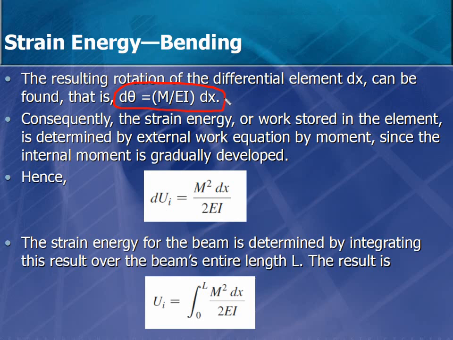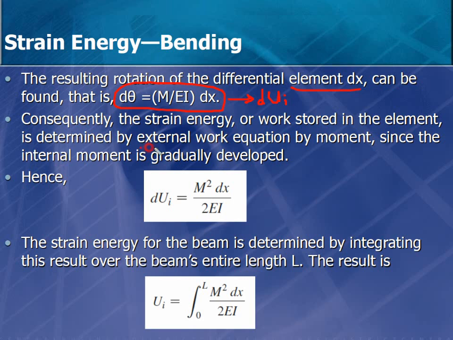For one element, look, this is internal energy, but I cannot say total. Why? Because it is d theta, so I can call this one d internal energy for one element, which is dx. I can say the same way, it's equal to the external work.